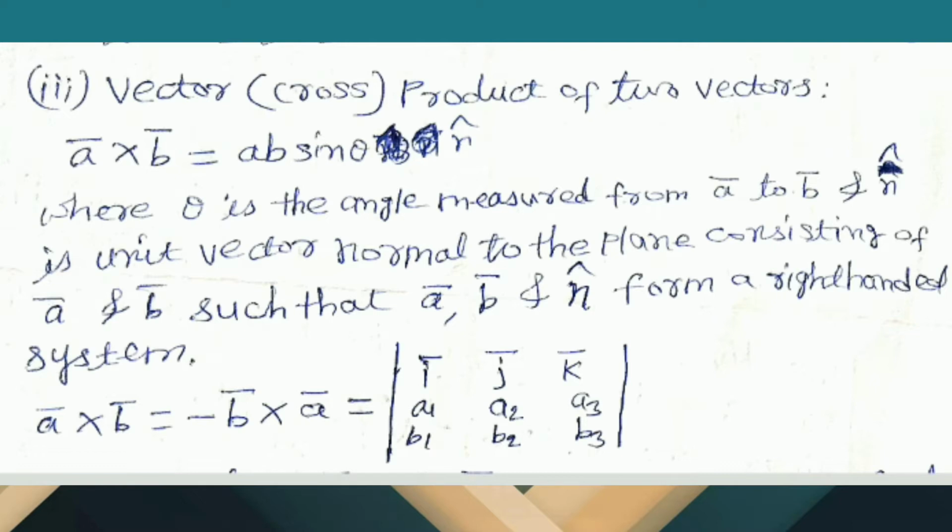Now vector product or cross product of two vectors. A bar cross b bar is equal to ab sin theta n cap.